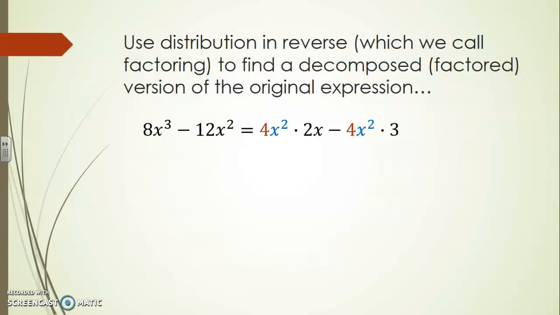So if you remember what we did earlier about the distribution versus factoring process, you would probably recognize that 4x squared is playing the role of the A. It's multiplying with B, which is 2x in this case, and 4x squared is the multiple of 3, which is playing the role of the C in the second case. Since A is a common factor, it can be extracted, leaving the difference between 2x and 3 as its multiple.